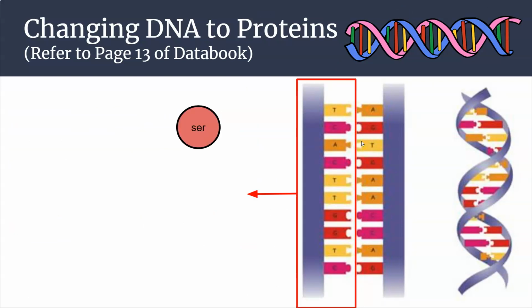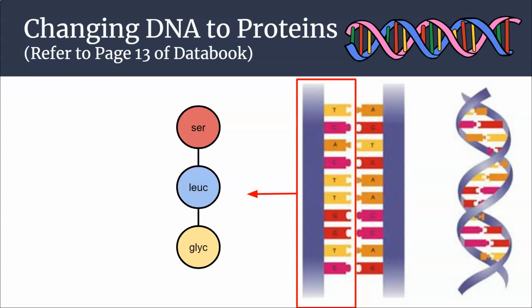So I'm going to make a serine protein, serine amino acid, sorry. I'm going to follow it with a CTT, which is a leucine, and then a GGT, which is a glycine. So again, we're just taking our triplets and coding for some amino acids.